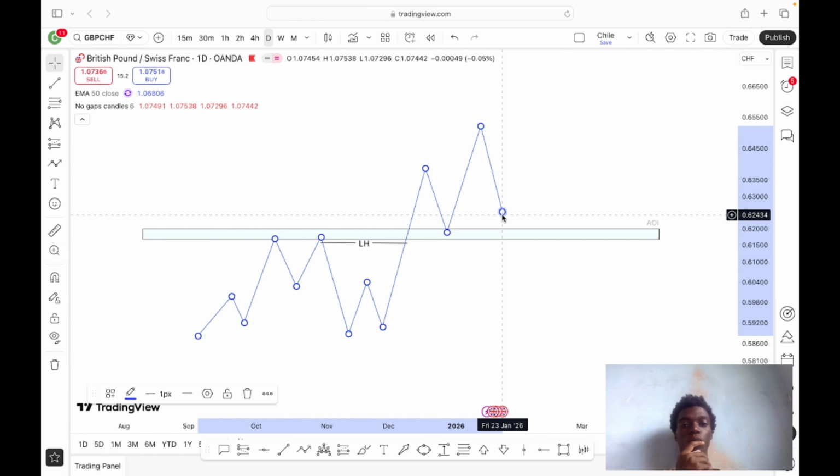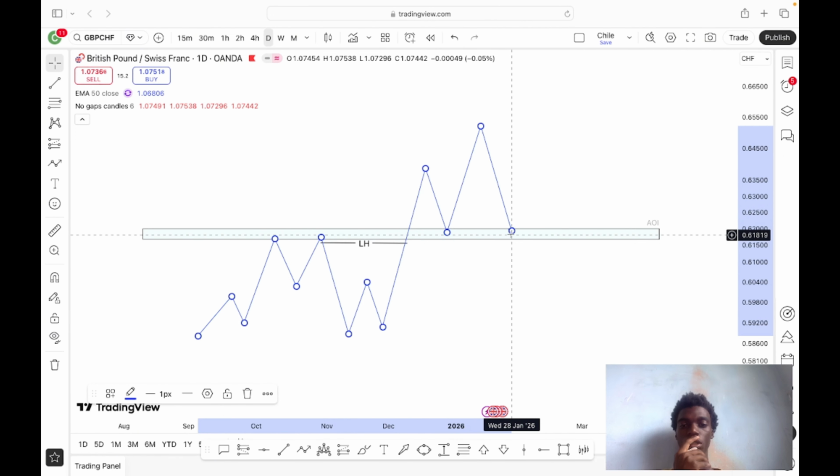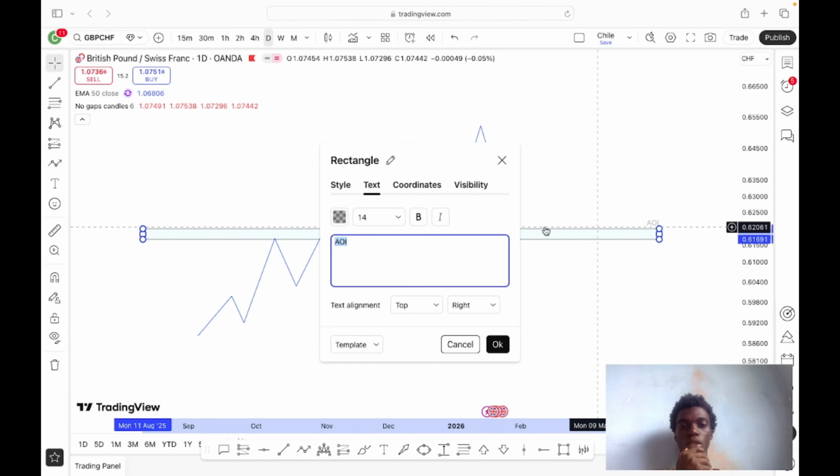So when I'm looking for a shift of structure, as price approaches this level, let me just say this is the daily area of interest.